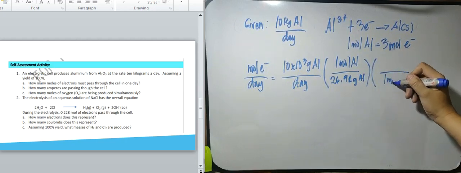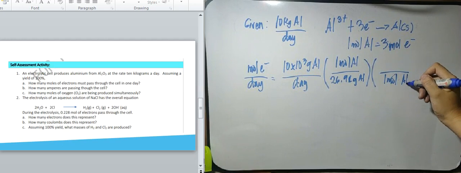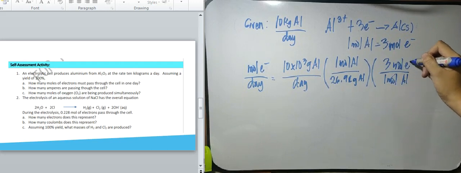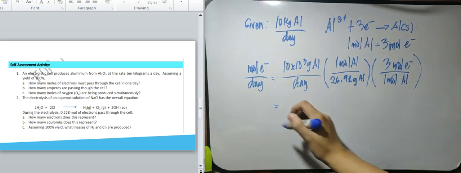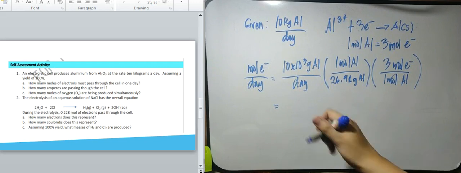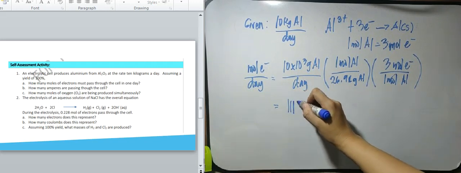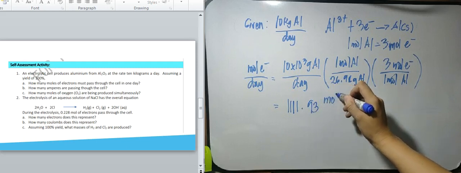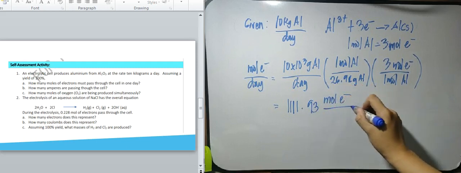In 1 mole of aluminum, we have 3 moles, right, of electron. So we will have 1111.93 mole electron per day.